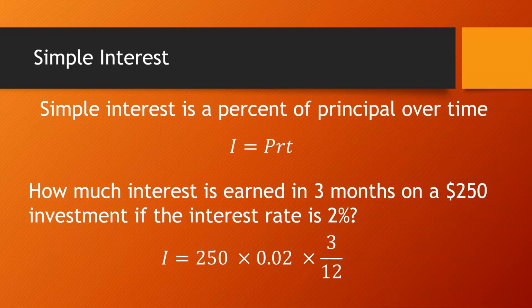In this case, we have interest equals $250 in principal times an interest rate of 0.02 times a time of 3/12. That's because the 3 is not 3 years, it's 3 months. So 3 months is 3/12 of a year, which gives us interest of $1.25.